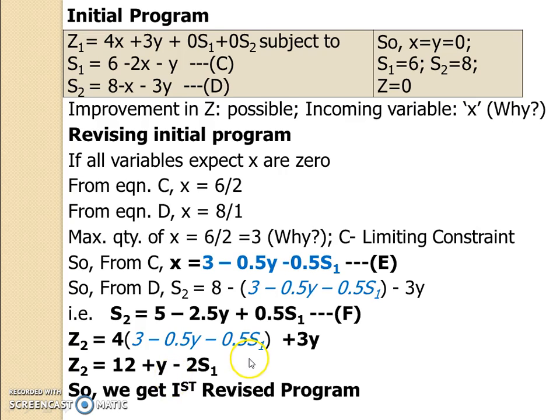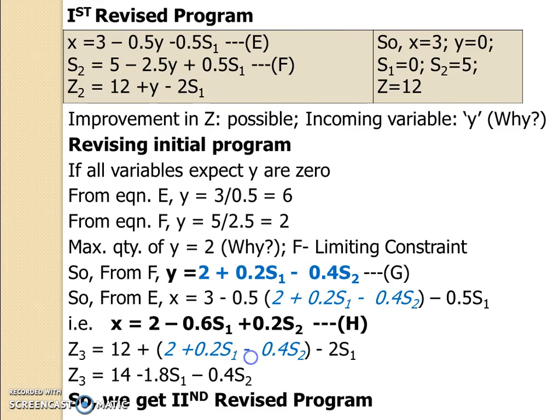Now the first revised program that we had seen: we propose x equal to 3, y equal to 0, S2 equal to 5 and S1 equal to 0. The value of Z found was 12. As we have seen, the incoming variable is y.